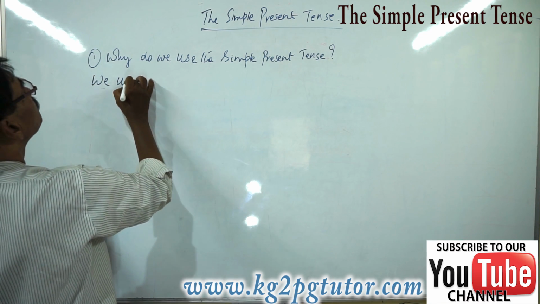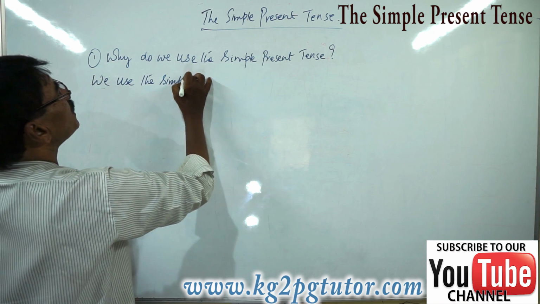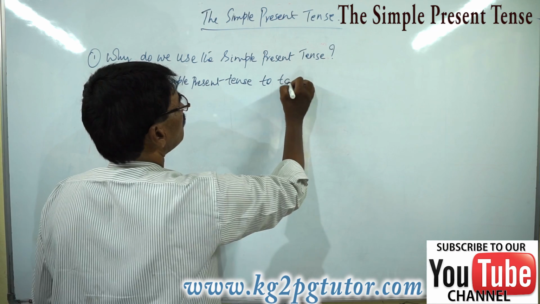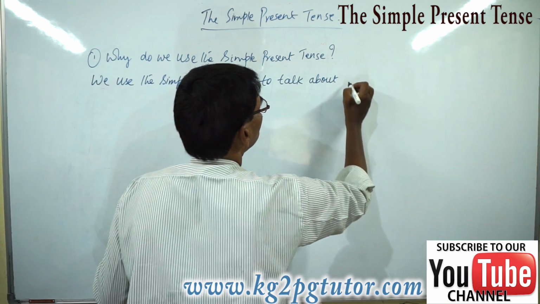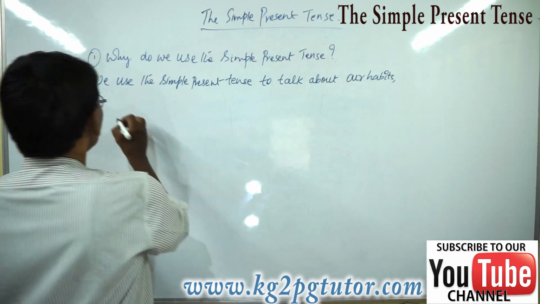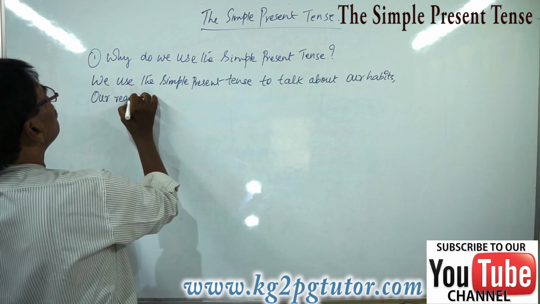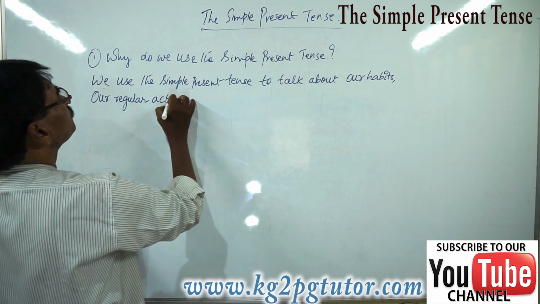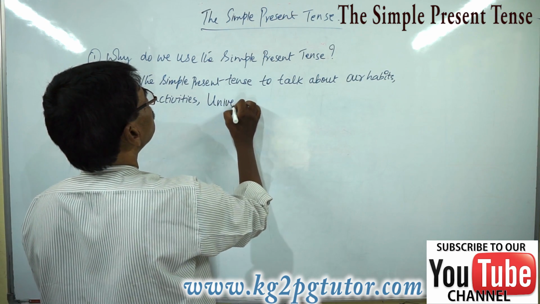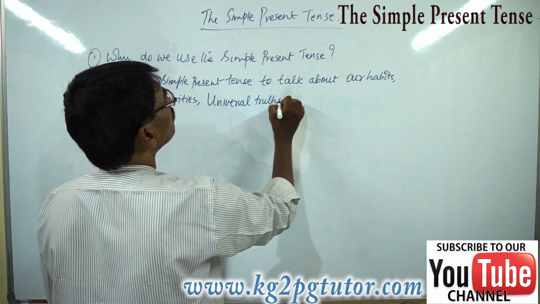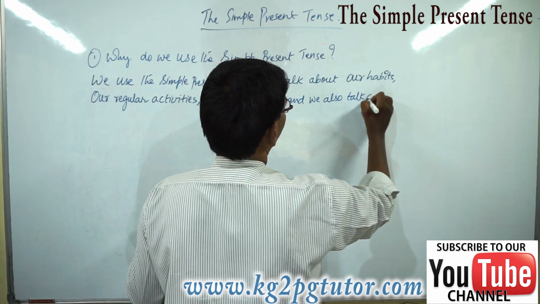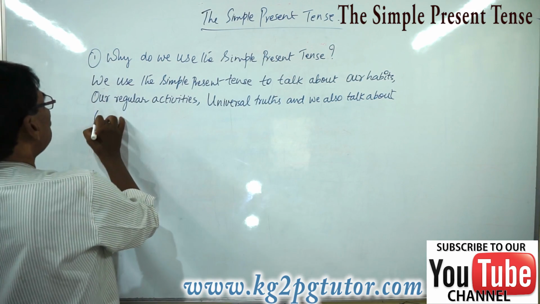We use the simple present tense to talk about our habits, our regular activities, then we talk about universal truths, and we also talk about our hobbies.